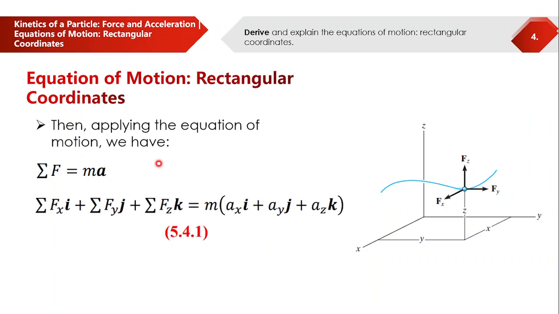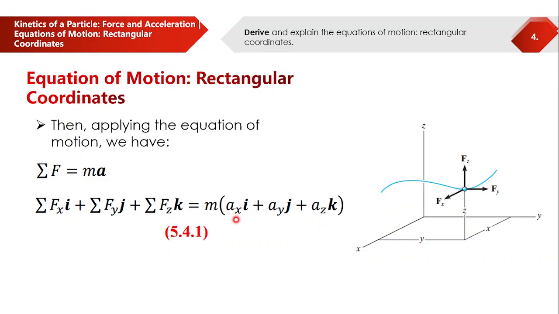So that will be each component: your i, j, k will have its magnitude, all forces along x plus all forces along y, all forces along z, equals the mass, since it is a scalar, times acceleration. So wala tong components sa rectangular coordinates natin. Acceleration, of course, is a vector quantity.